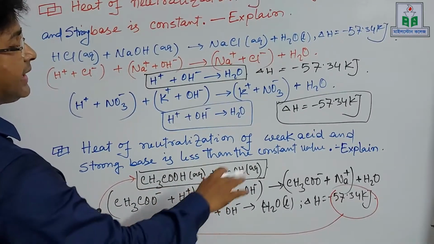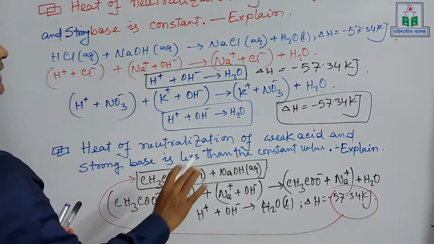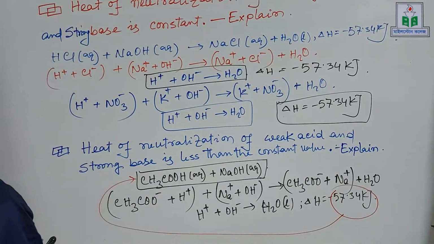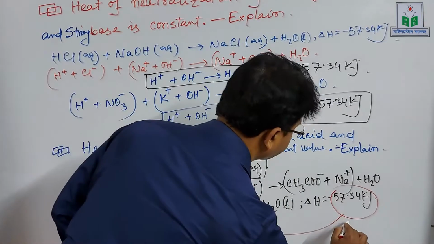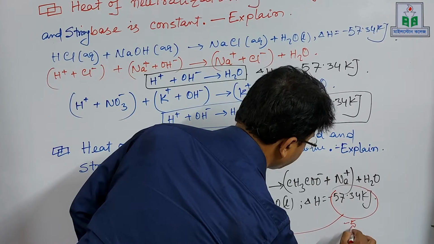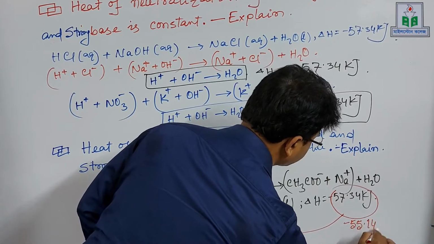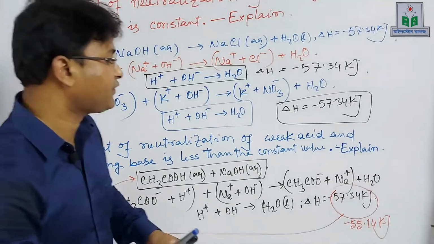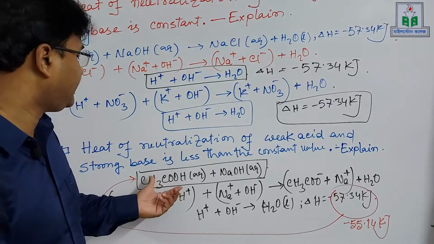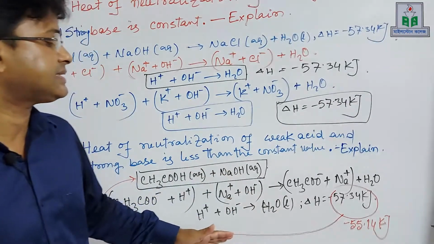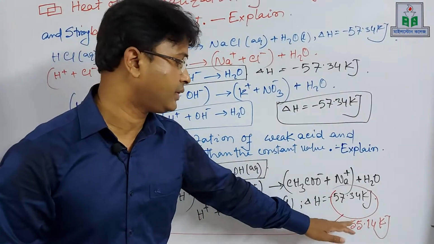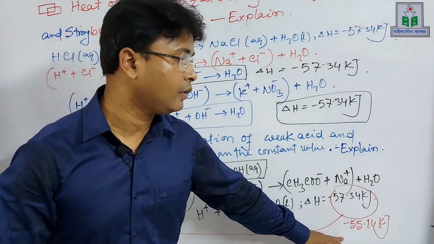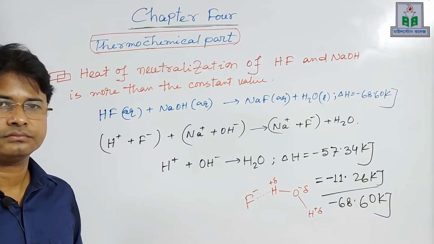So the delta H value is decreased from minus 57.34 kilojoule to minus 55.14 kilojoule. That's why the heat of neutralization of weak acid and strong base is less than the constant value, approximately minus 55.14 kilojoule.